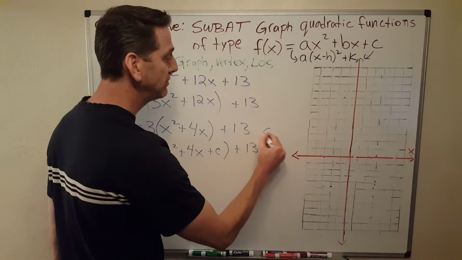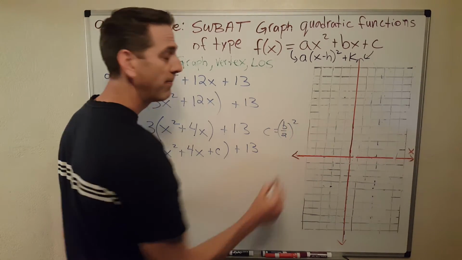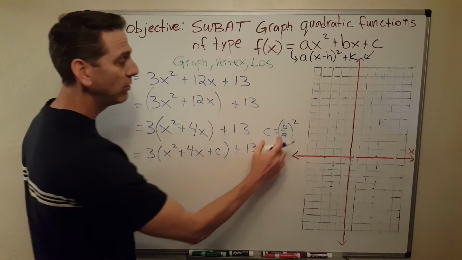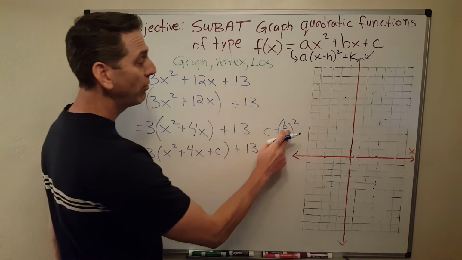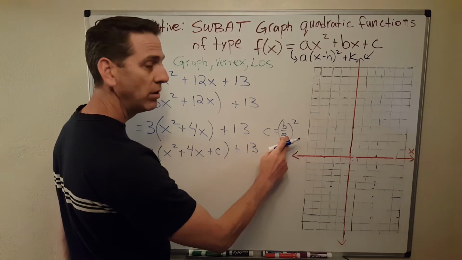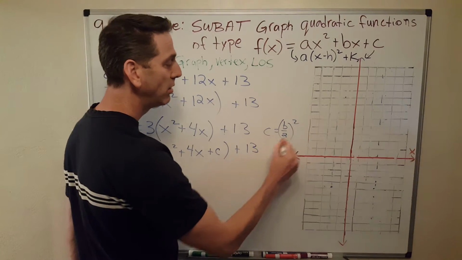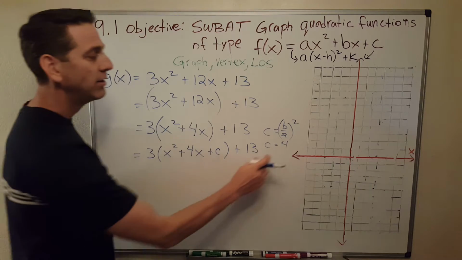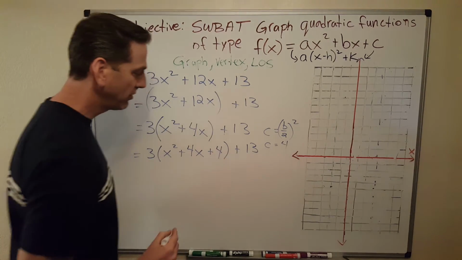Well, it was just c equals b over 2 squared. That's how we complete the square. So b in this case is 4. 4 divided by 2 is 2. 2 to the second power is 4. So c needs to be 4 for this to be a perfect square.